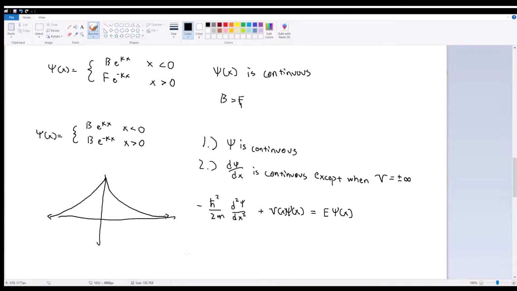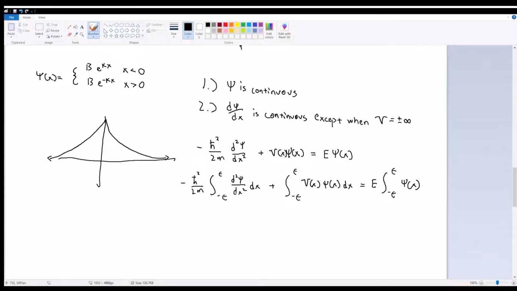If we do that, the equation we get looks something like negative h bar squared over 2m, and then we take the integral on both sides, negative epsilon to positive epsilon, d2 psi by dx squared dx, plus the integral from negative epsilon to positive epsilon, v of x psi of x dx, is going to be equal to e times the integral from negative epsilon to positive epsilon psi of x.